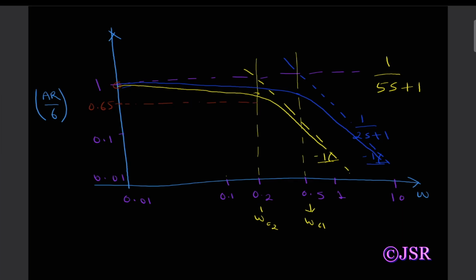So at this point this will be 0.2, 0.65, and when omega is equal to 0.5 we have 0.26, so this will be 0.26. So we will again further extend this up to omega is equal to omega c1, so this will be up to this point.